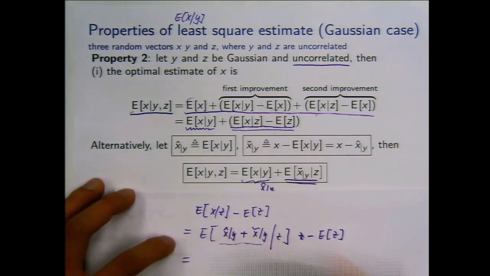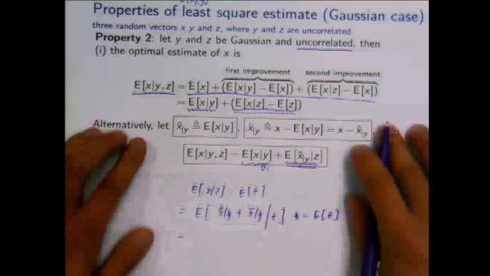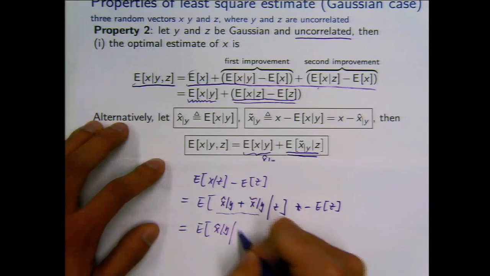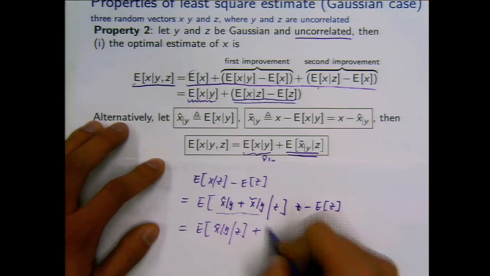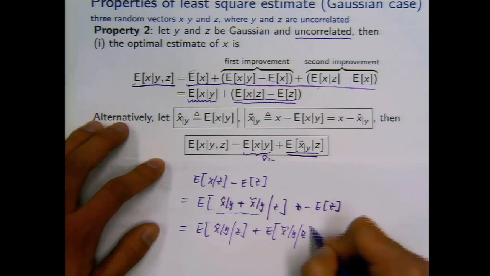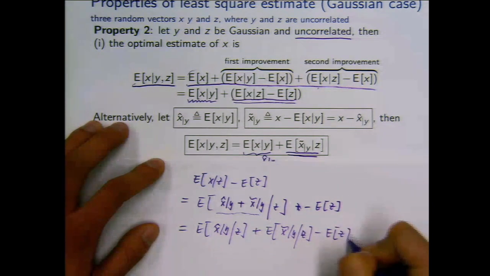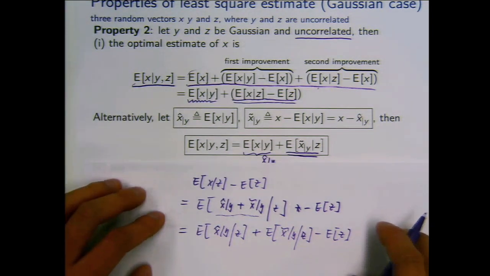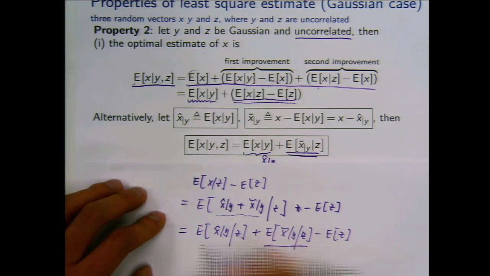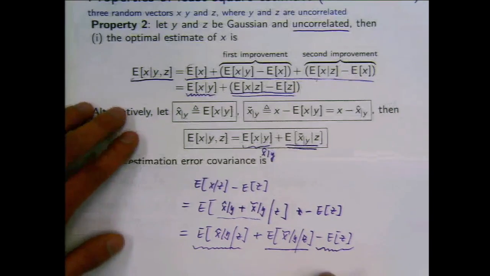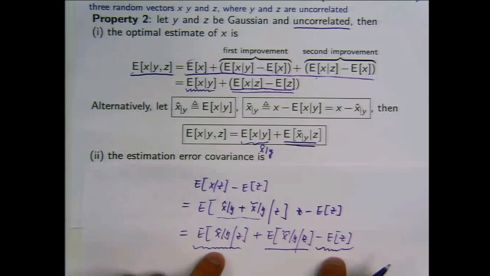Now, this term equals the expectation of x hat given y given z, plus the expectation of x tilde given y given z, minus the expectation of z. Can someone tell me why these two are going to cancel each other?